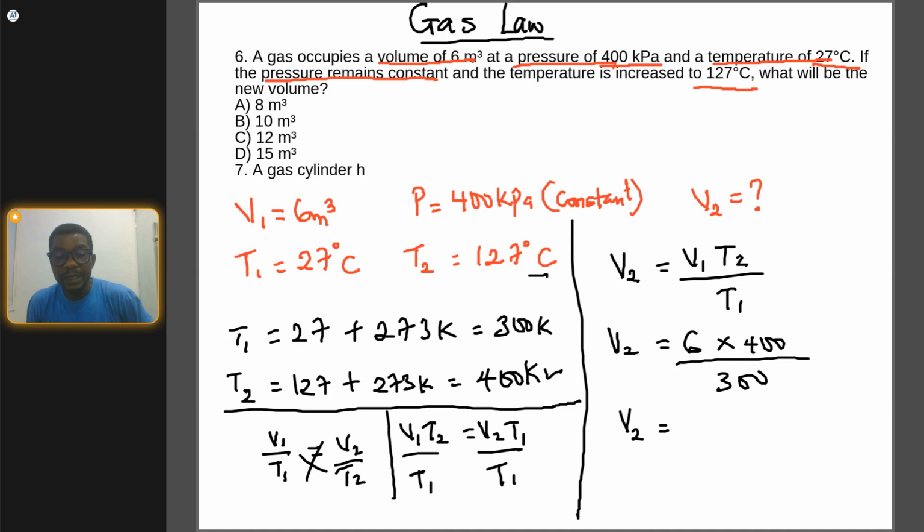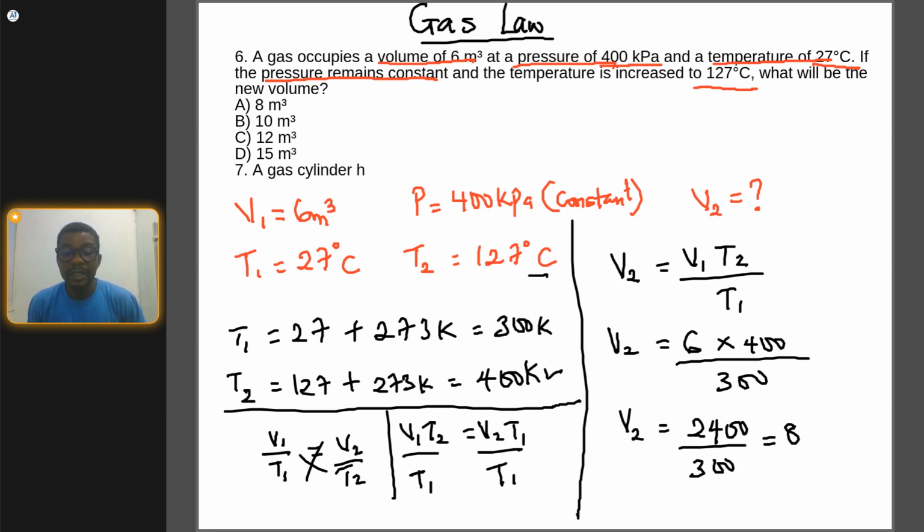By simple calculation, if I multiply 6 by 400, I'll have 2,400, divided by 300. That will give us 8.